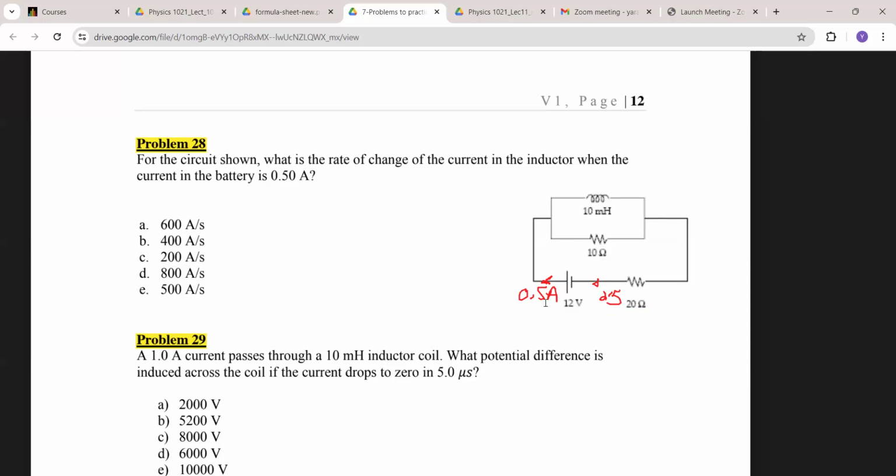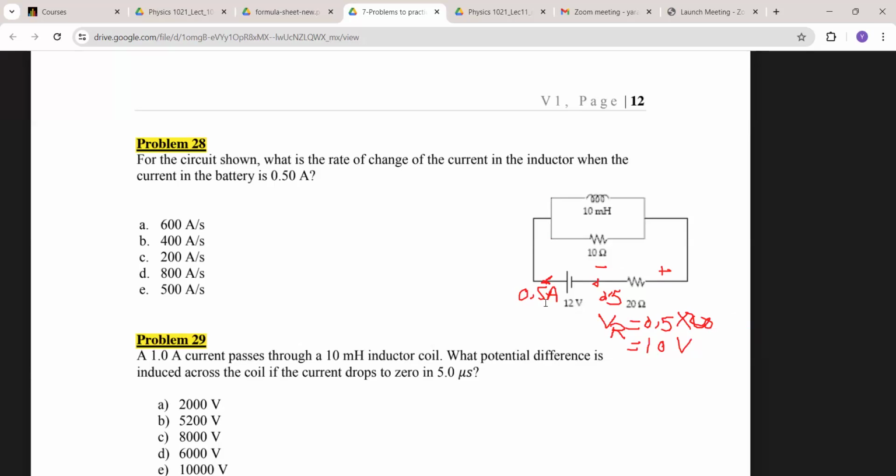If the current passing through this resistor is 0.5 ampere, which means that the potential difference between this point and this point is 0.5 multiplied by R. So I have a potential difference here of 10 volts.